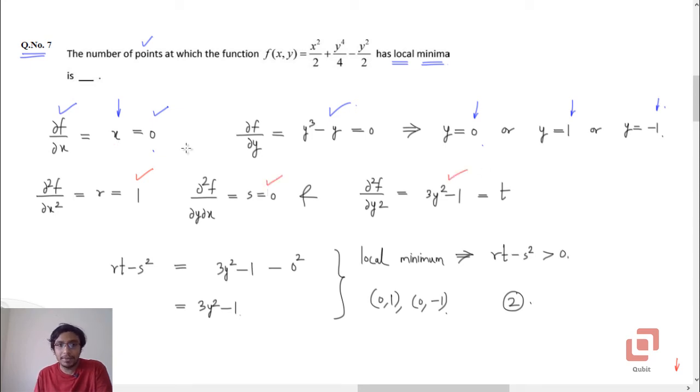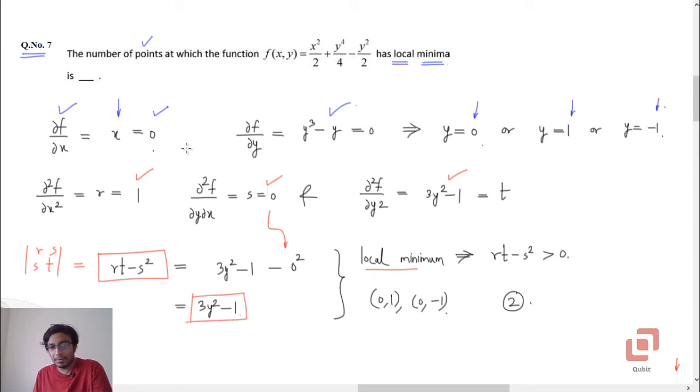So what will the Hessian be? The Hessian will be rt minus s squared, or the determinant of r, s, s, t. So this will be r into t, so 1 into 3y squared minus 1 minus s squared, which is anyway 0. So it is 3y squared minus 1. Now if we are interested in finding the local minimum, we need to make sure that the Hessian is positive.